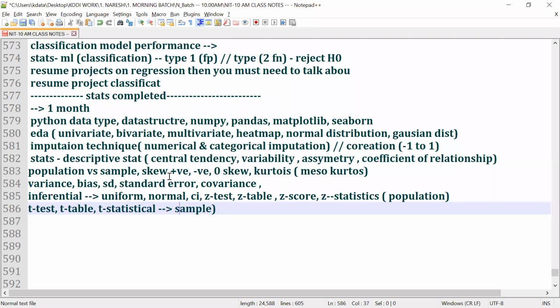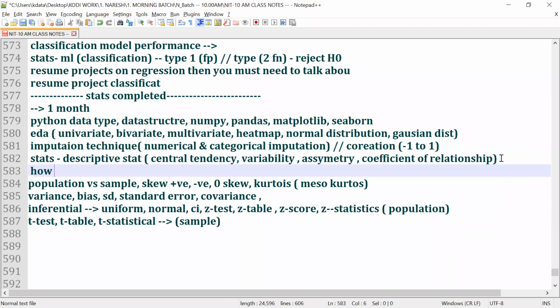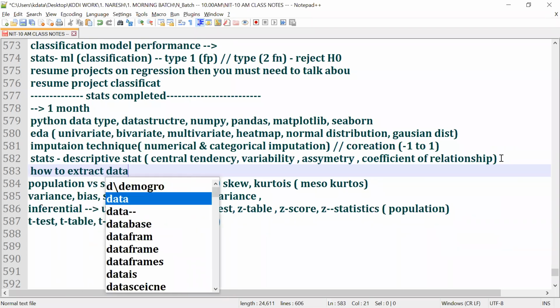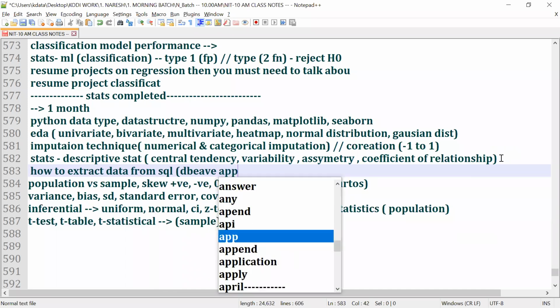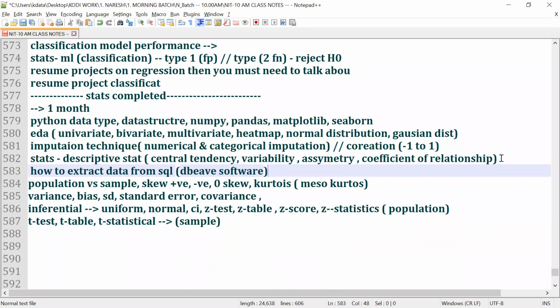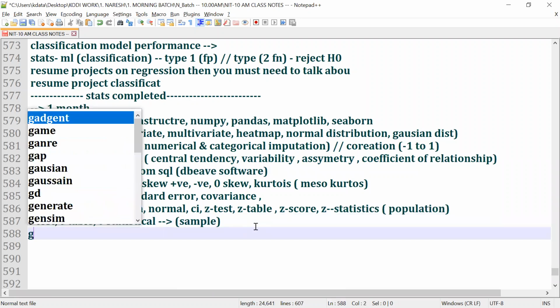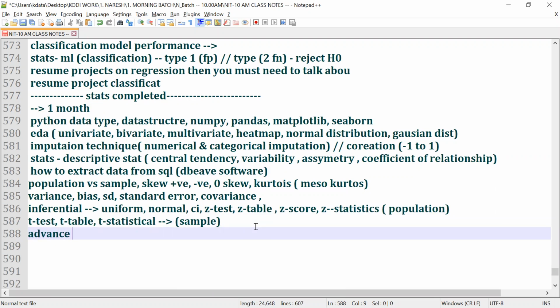All those things we did. And also we did how to import and extract data from SQL applications, the DBeaver software application. We installed it and did this as well. Agree? Now the next one is advanced statistics. What did we do, guys?